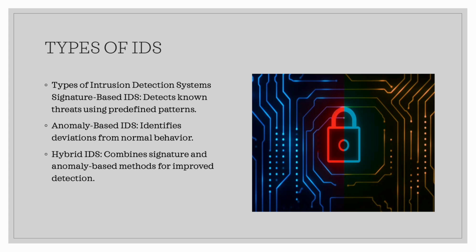The last one is hybrid IDS. It combines signature and anomaly-based methods for improved detection. It leverages the strengths of both approaches to detect known threats and identify potential new threats. The advantage is that it provides comprehensive protection against both known and unknown threats and also reduces the false positive rates compared to pure anomaly-based systems.